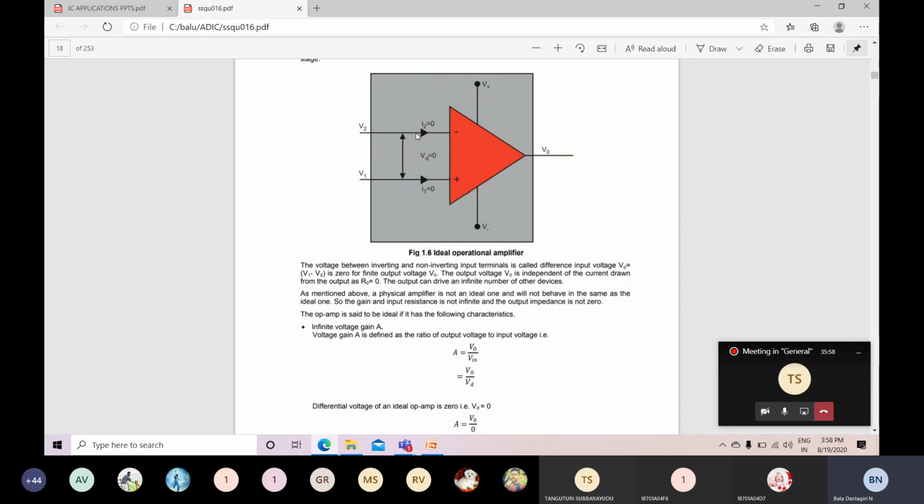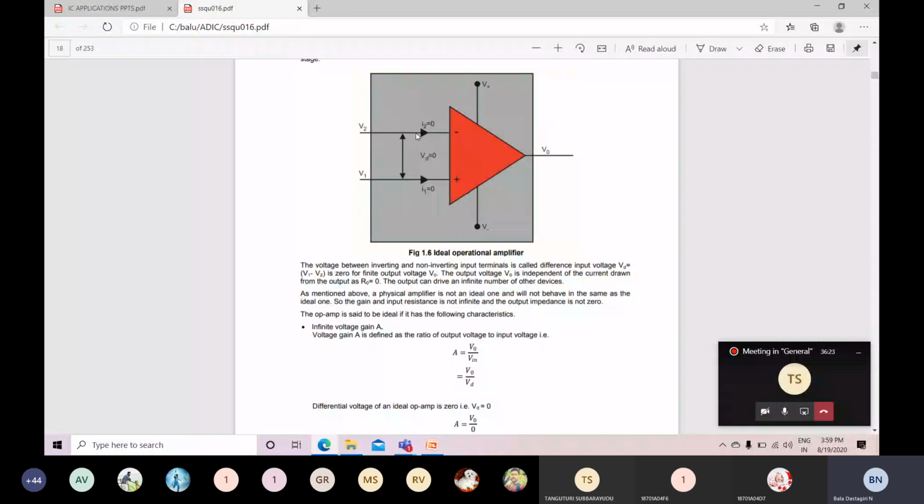Normally in the previous case, we grounded only one input terminal and took the voltage across the other. But here, across both the terminals we have taken two different inputs, V1 and V2. The difference between these two inputs is called Vd.